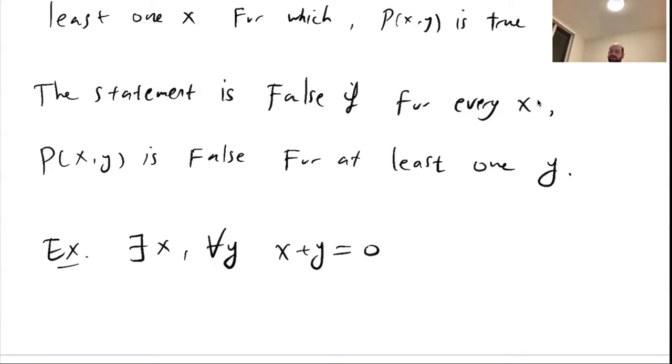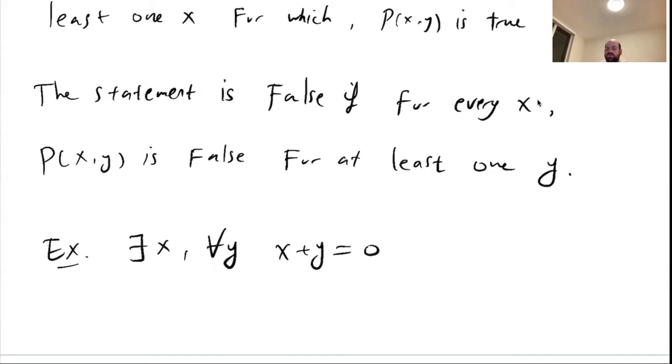Therefore x equals 1 cannot be the x value that we are looking for. If this wants to be true, at least one value of x must exist for which, for every y, we have x plus y equals 0. So x equals 1 is not that x value.